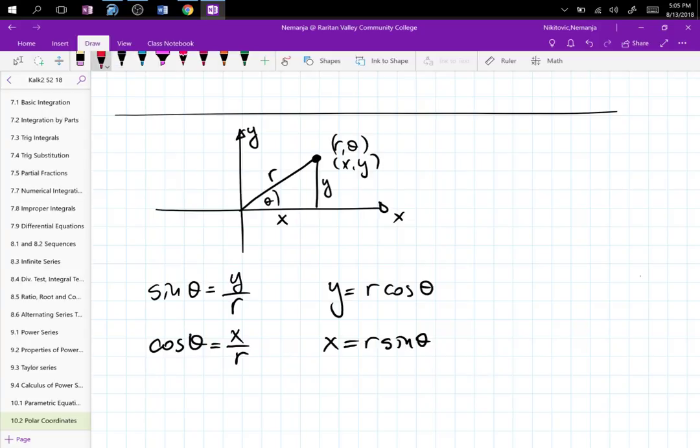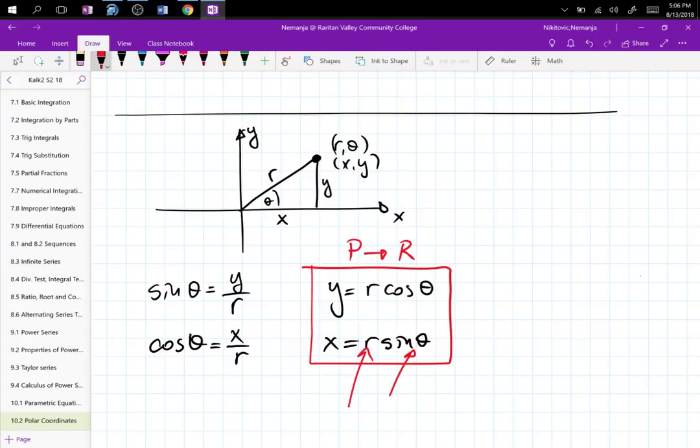And that, as you can see, creates the set of equations which converts from polar into rectangular. Because common sense is you have r and theta to plug in on the right to get one at a time, x and y on the left. So this is clearly from polar into rectangular, because you have to have both of these given to get one of these at a time.